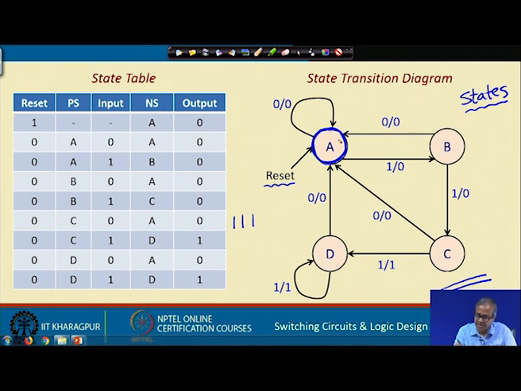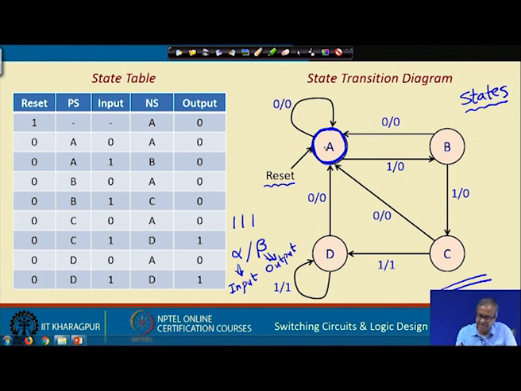These arrows connect one state to another, and these arrows are labeled with 2 numbers, let us say alpha and beta. This alpha indicates inputs, that means what input is coming, and beta indicates what output will be generated.